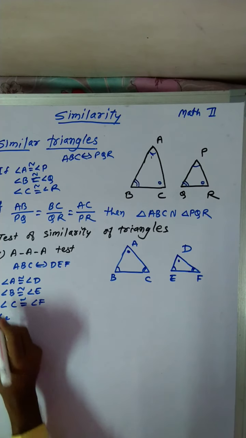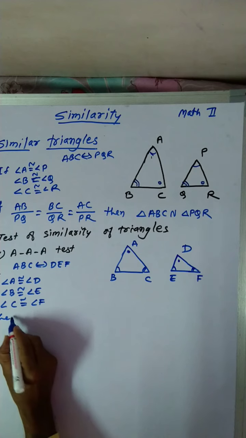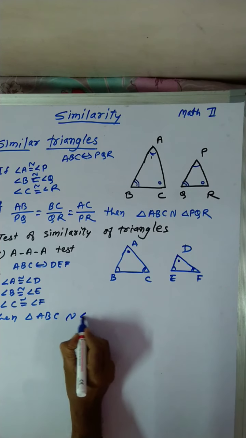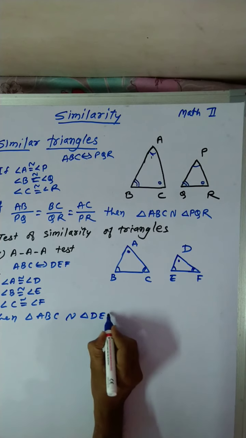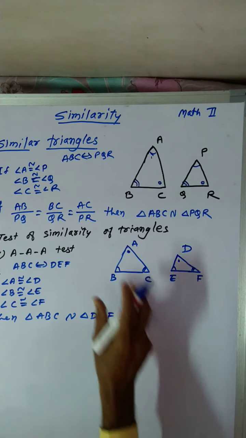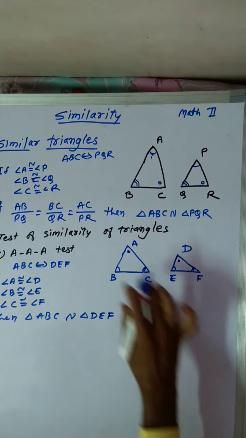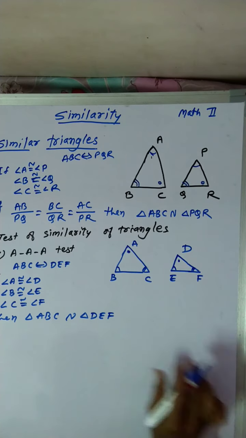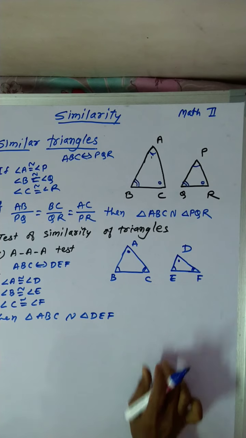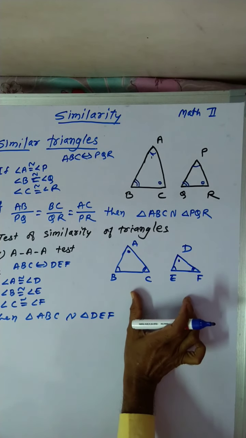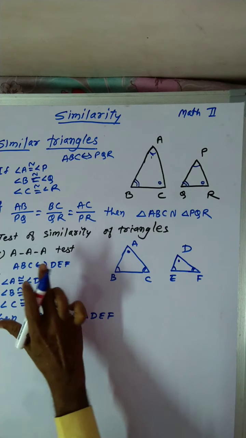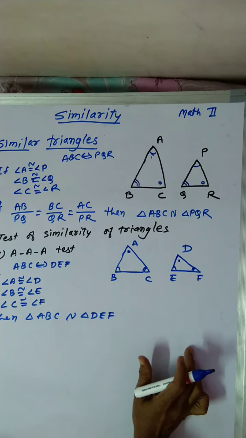Then triangle ABC is similar to triangle DEF. That means they are not given that the corresponding sides are in proportion; only the three angle conditions are given, then also these two triangles are similar, which is called the AAA test. That means angle test. Okay.